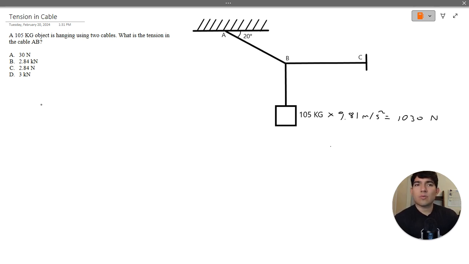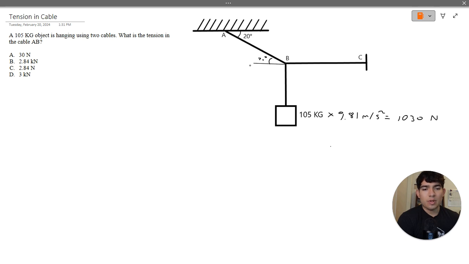So now, I mentioned that this was a statics problem. We're going to use our equations for the summation of the forces in the x and the y directions to solve this. As you can see here, we have the angle for the cable AB. It's 20 degrees here, so that means that it's also 20 degrees right here.